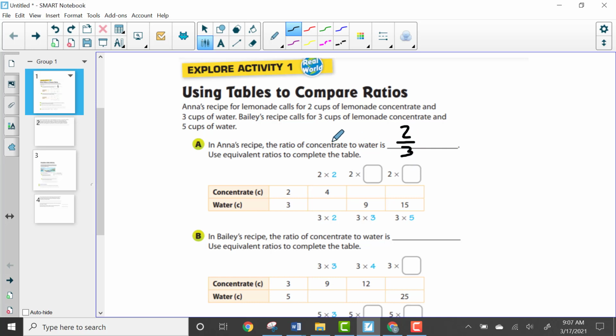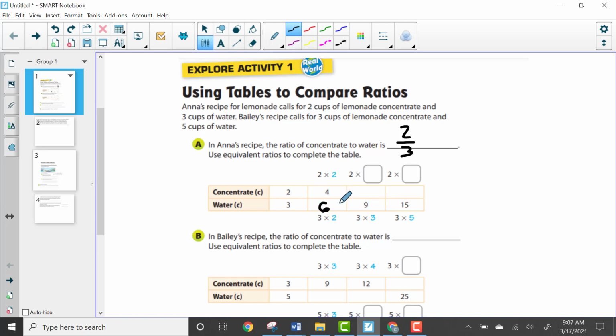And now we're going to use equivalent ratios to complete the table. What we have here is the concentrate 2, and if it's 4, that means we're multiplying both terms. It's important to understand that you have to multiply both terms in order to get an equivalent ratio. So 2 times 2 is 4, 3 times 2 would be 6.